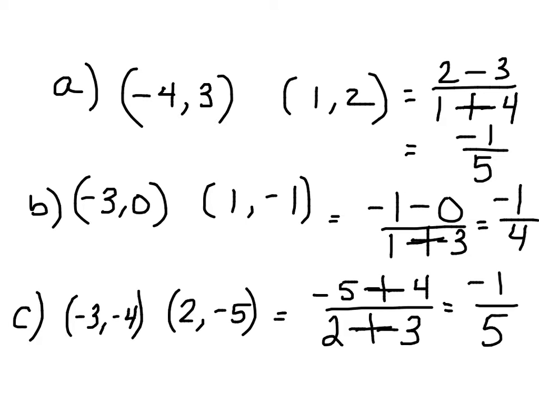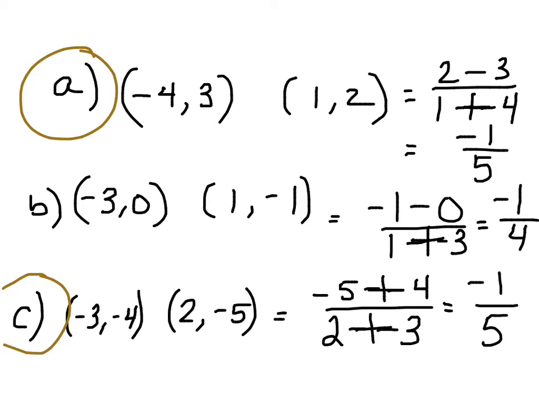Right. You need to identify which ones are the same, and you've identified that A and C match. Okay, that's how you do an example problem like that. You find the slopes of all three of them, and then you figure out which ones match. What if all of them had matched? That is an option.